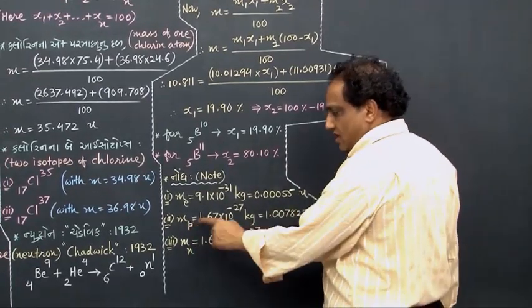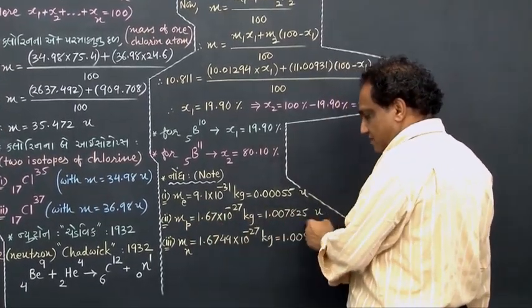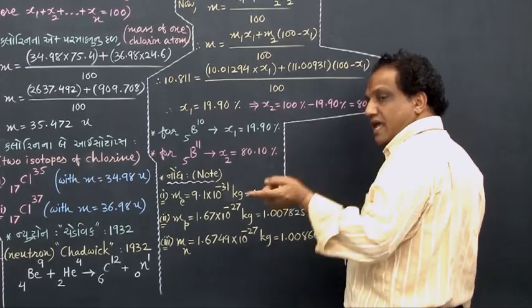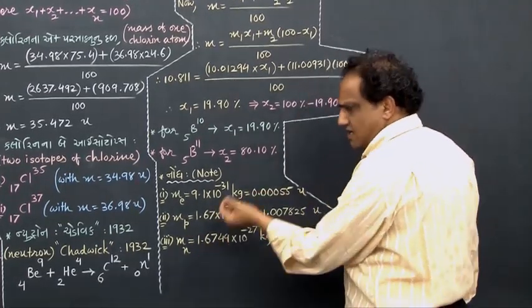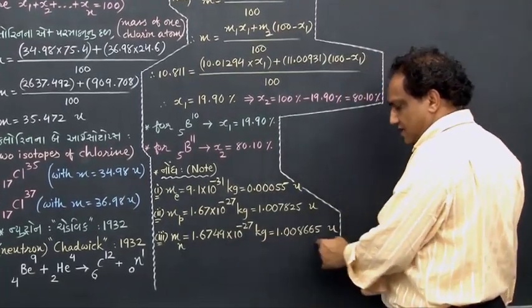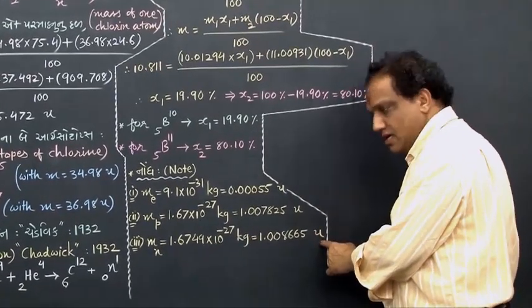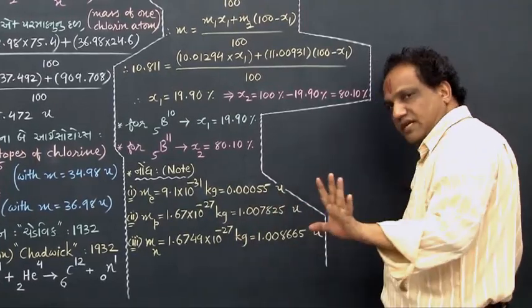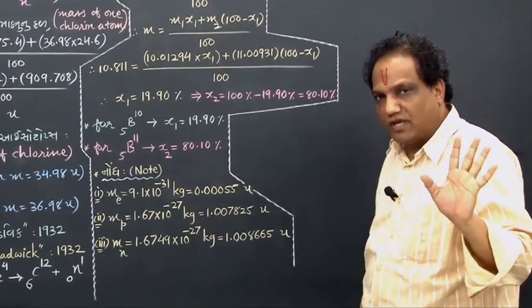Similarly, the mass of a proton is this many kilogram, this many atomic mass unit, and the mass of a neutron is slightly greater than this mass. It is this many kilogram and this many atomic mass unit. Don't try to remember; whenever required, they will give it in the numerical statement.